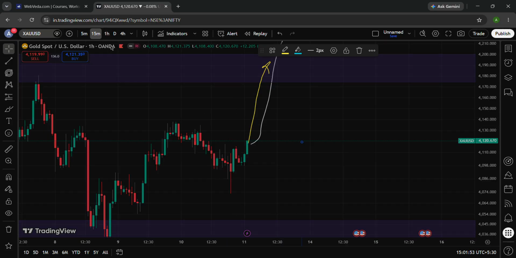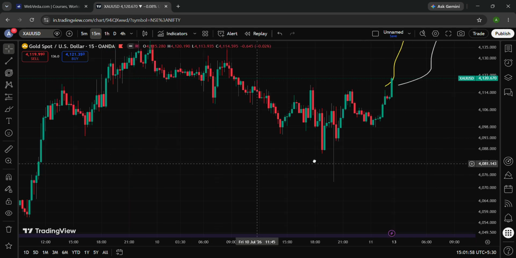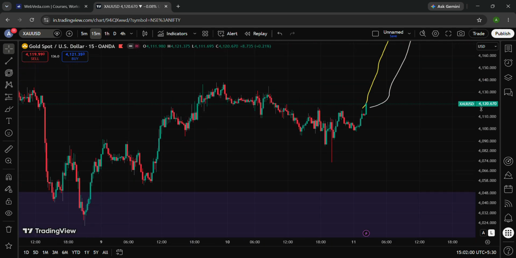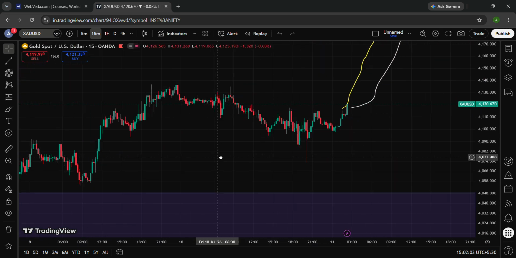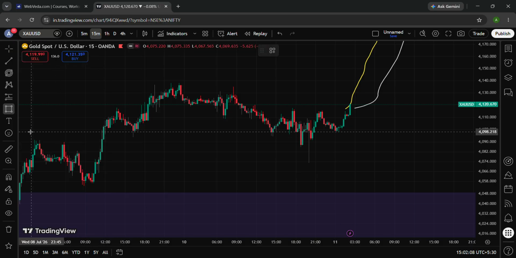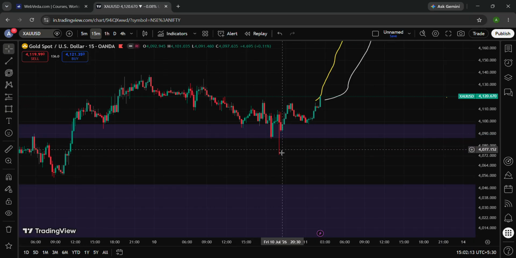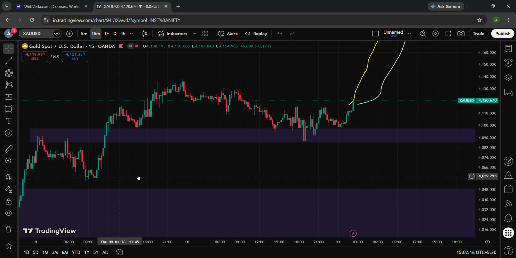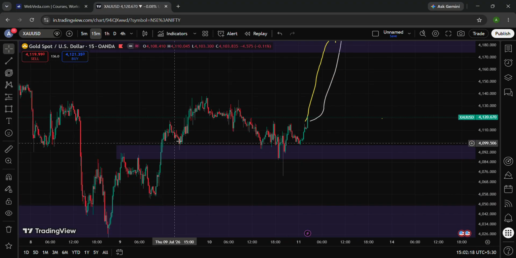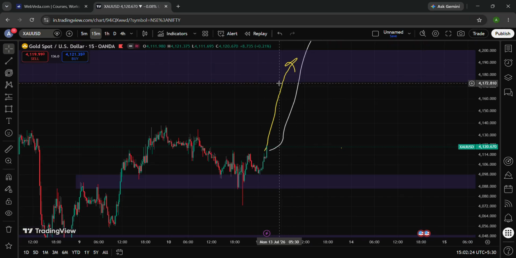Then comes the 15-minute chart. In the 15-minute chart, this is somehow a resistance position and price is moving in a resistance zone. This is a kind of resistance zone, and this is also a resistance zone. So price is moving in a resistance zone and does not have enough volume to bounce back and come into that 4,100 position of dollar, right?